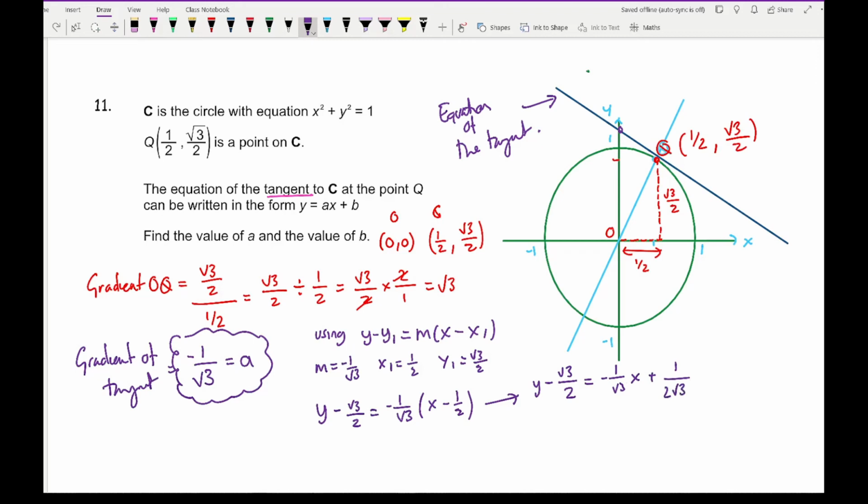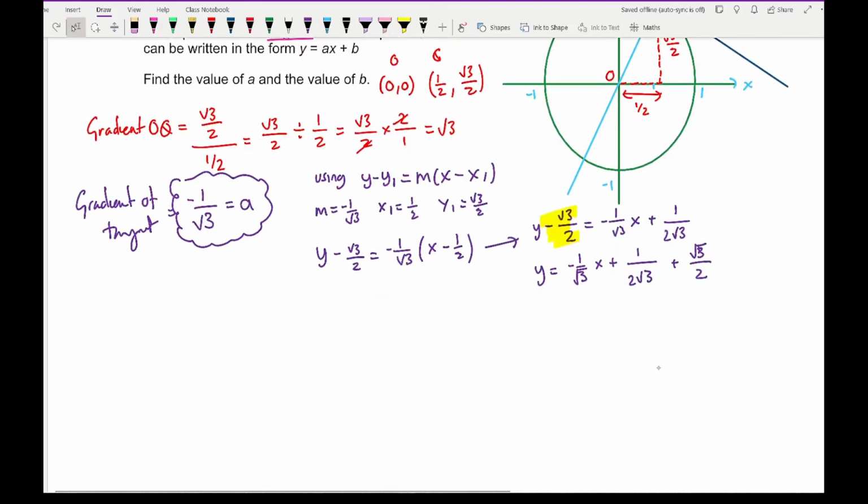So then all I've got to do is write y equals minus 1 over root 3 x plus 1 over 2 root 3 plus root 3 over 2, because I'm going to take this over to the other side. So the next thing for me to do is to simplify that.